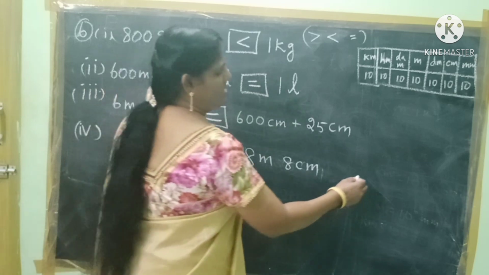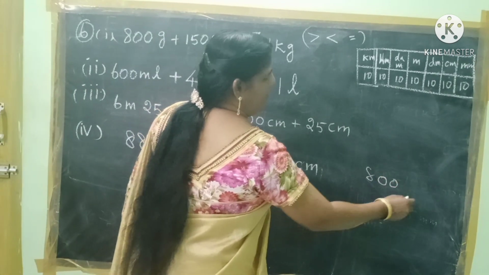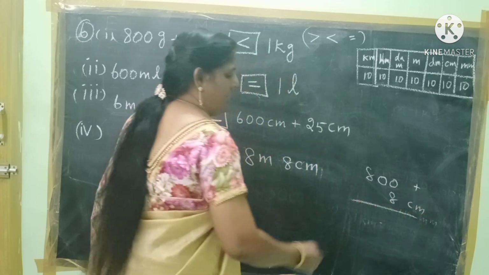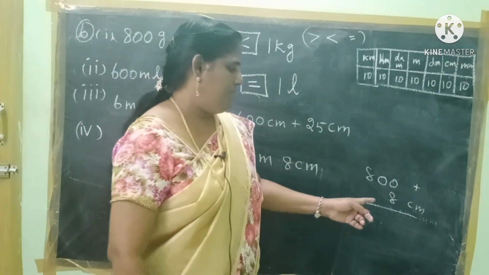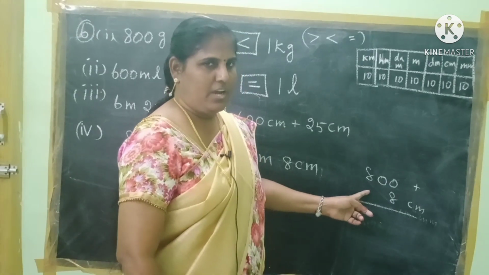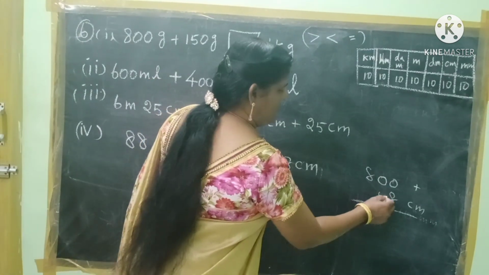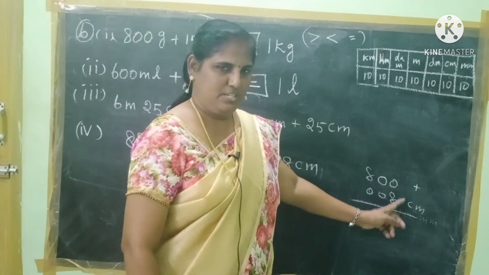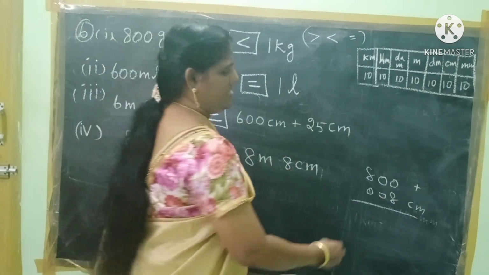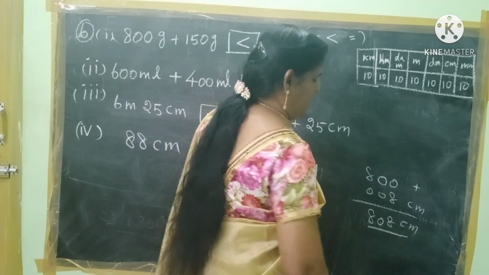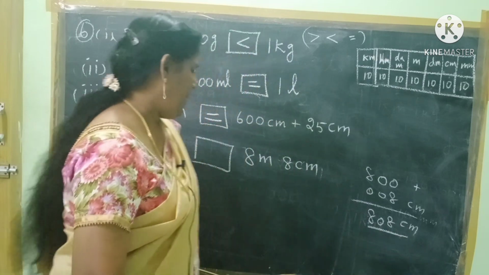So 800 centimeter plus 8 centimeter. 8 centimeter means you have to put the 8 in the one's digit, so it is 008 centimeter. If you add it, what answer will come? 808 centimeter.